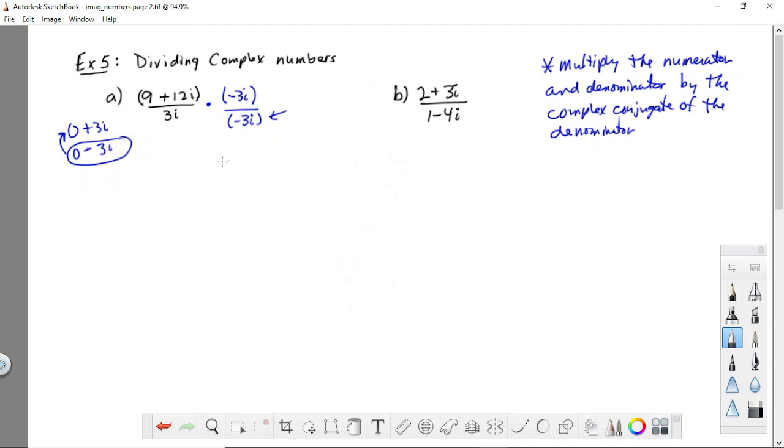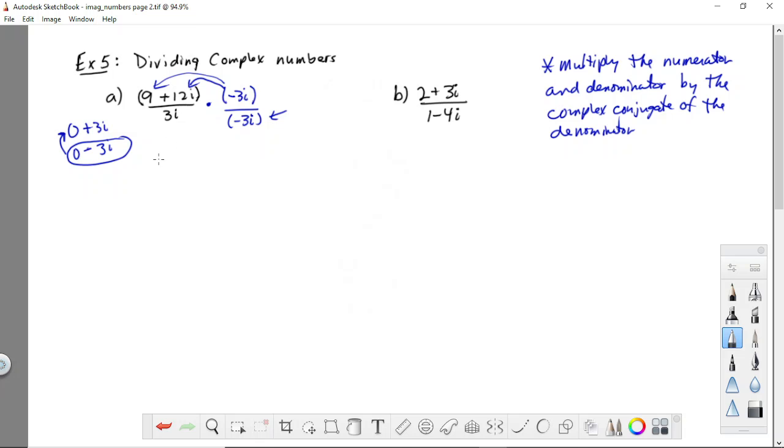So let's do this. So in the numerator, we just distribute the negative 3i, okay, to each of those inside.